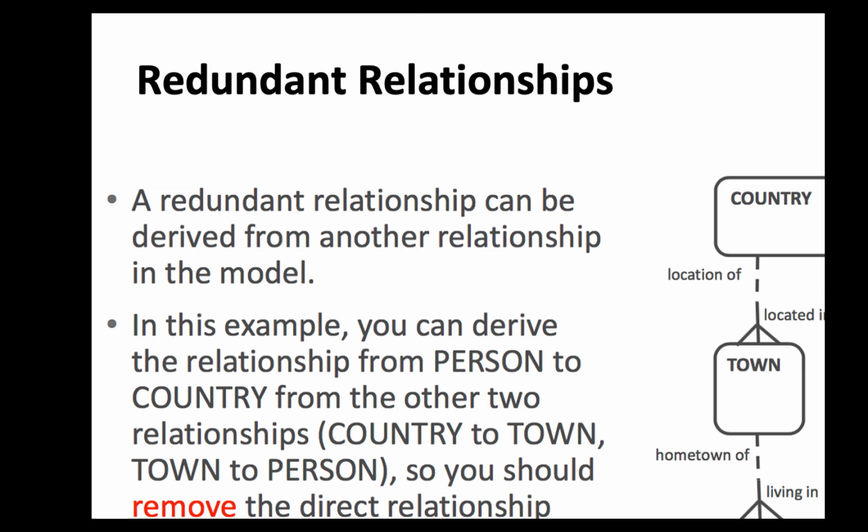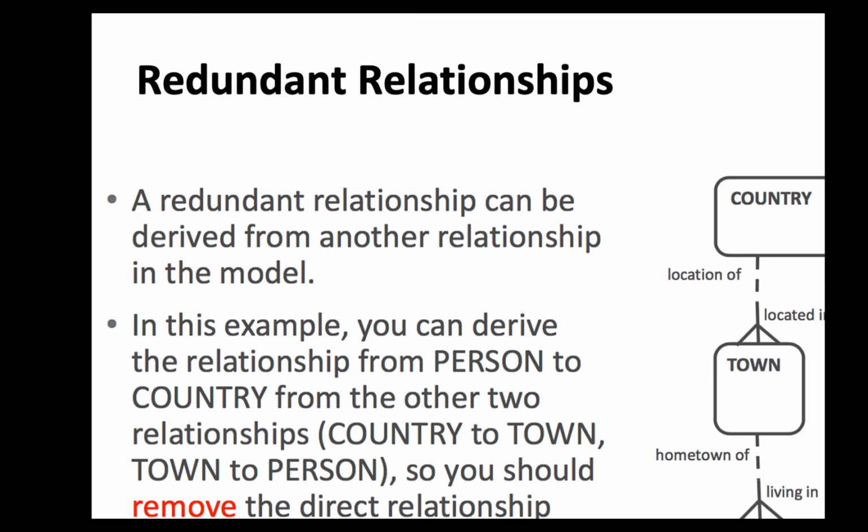For example, a town is located in some country, and if someone is living in some town, we can easily find out the country of that person. So we don't need a direct relationship with country as well. This sort of relationship is redundant. If we can extract the information by using other relationships, then that relationship is redundant.